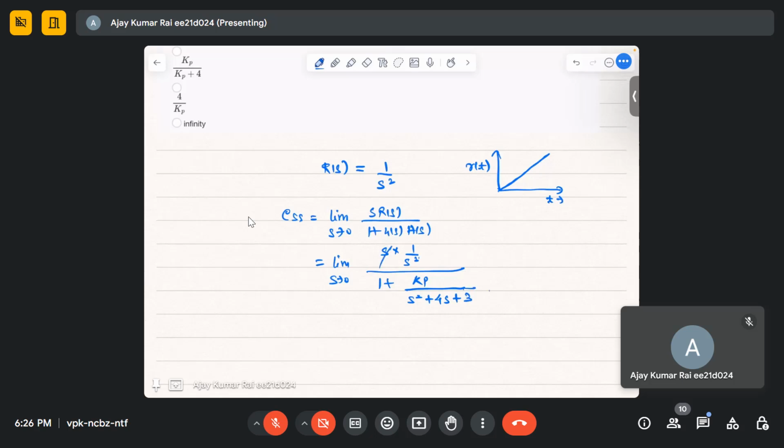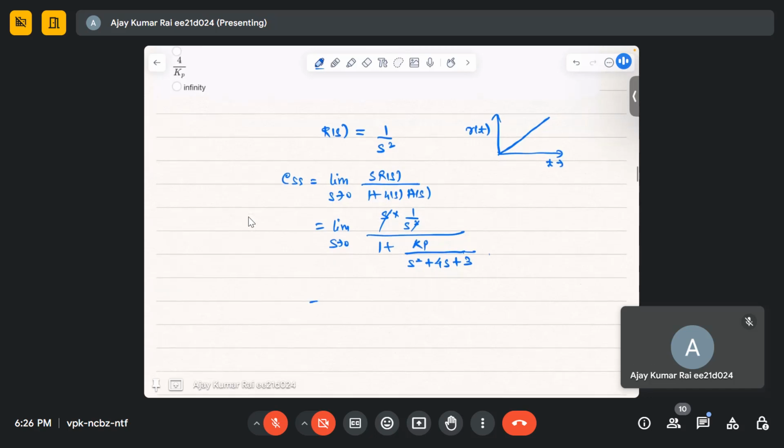So you know there will be one s term in the denominator. So this will be s into s square plus 4s plus 3 plus Kp.